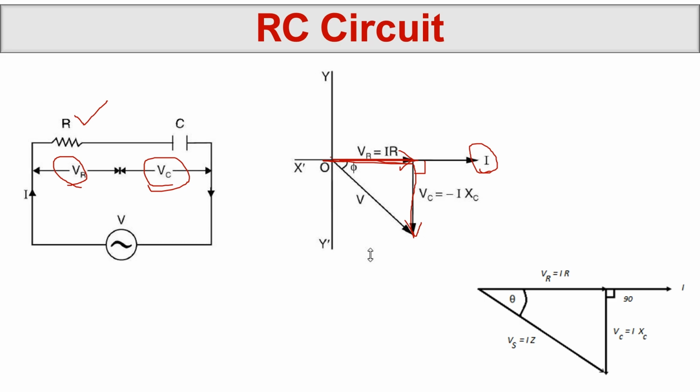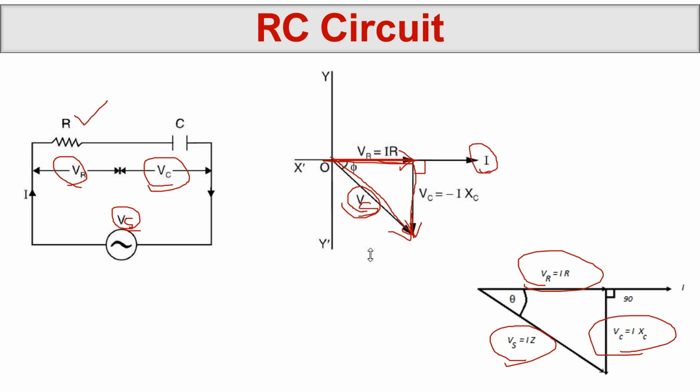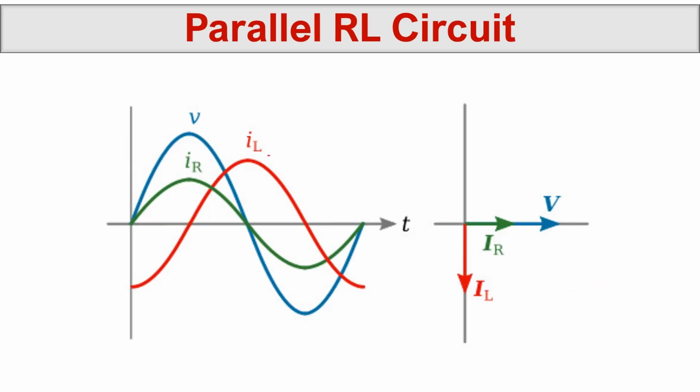Then from O to the final point, this is your V. This is how we draw it: VR here, VC here, and your VS supply here. In some books we put VS as the supply voltage. So this is how we understand what is going on in the RC circuit.